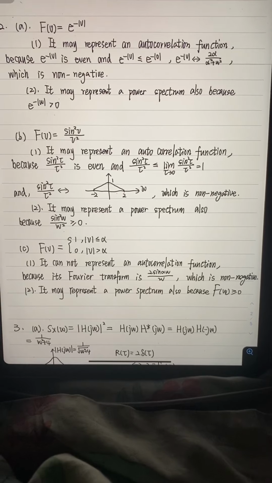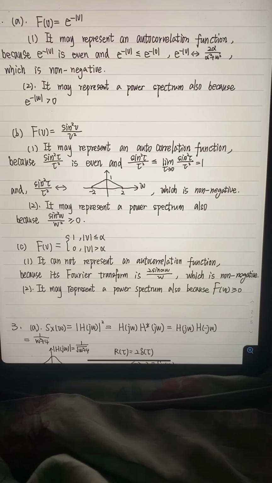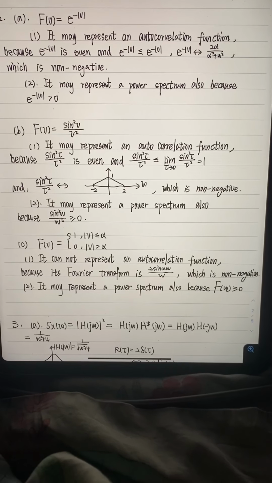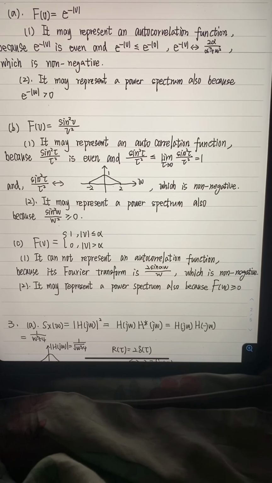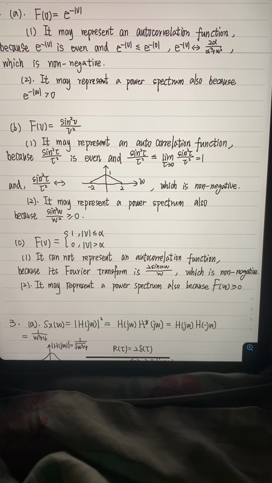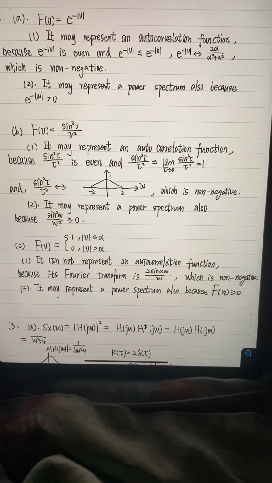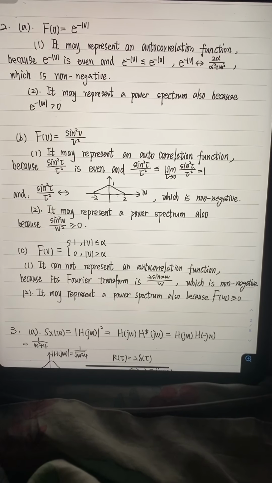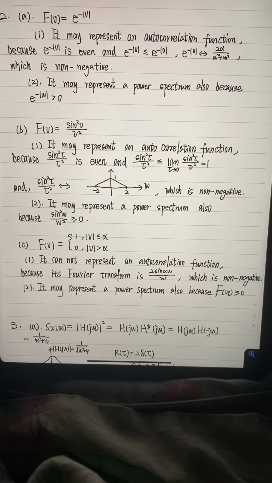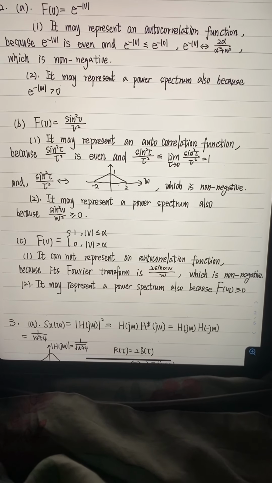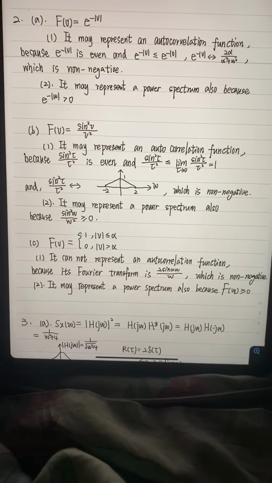First, it may represent an autocorrelation function because e to the negative absolute value of v is even, and it is obviously less than the value when v is equal to 0, and its Fourier transform is equal to 2 alpha divided by alpha squared plus omega squared, which is non-negative.